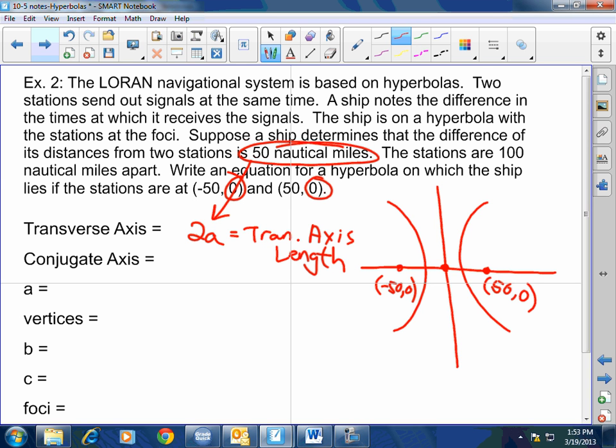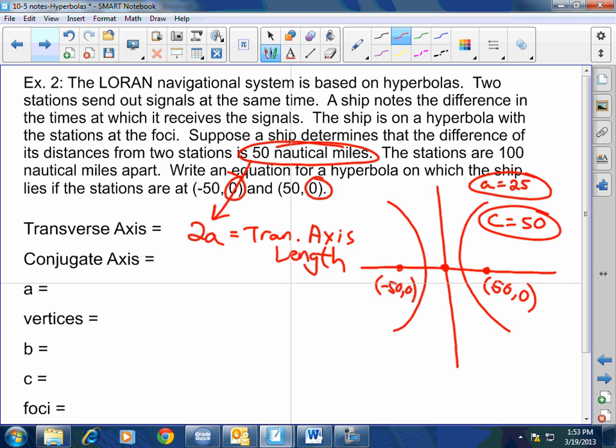Is everyone with me so far? Now, if we say that 2a is equal to this constant difference, well then that means that a will equal 25, right? Because 2a equals 50, a would equal 25. Don't we already know that my c is 50 here because they told us those were my foci values?